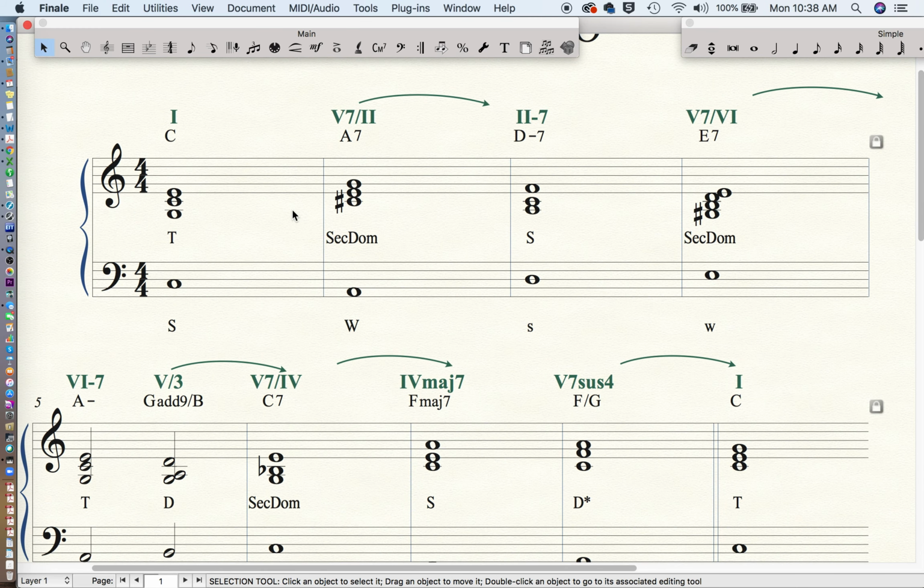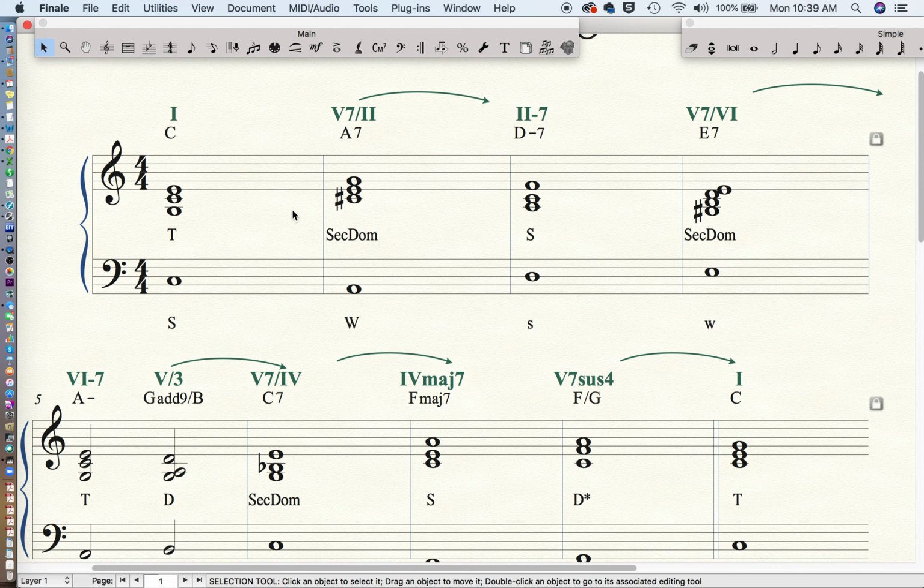Okay, and so we're going to add some related twos to this progression, and usually what happens is wherever you put a secondary, if you want to use a related two with your secondary dominant, usually where the secondary dominant would normally go, we're going to push that to the right a little bit, and we're going to insert our related two in between.